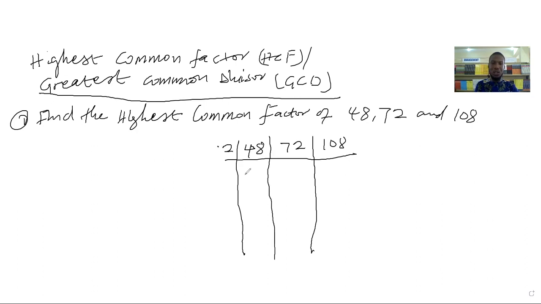So 2 goes here 24 times, goes here 36 times, and then goes here 54 times. The same 2 can still go here 12 times, go here 18 times, and then go here 27 times.